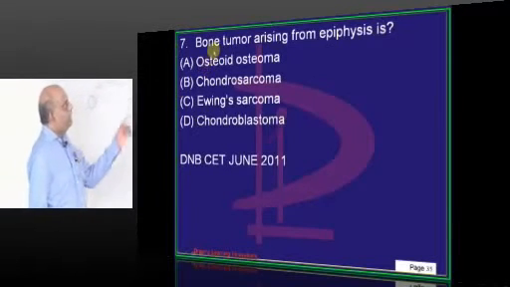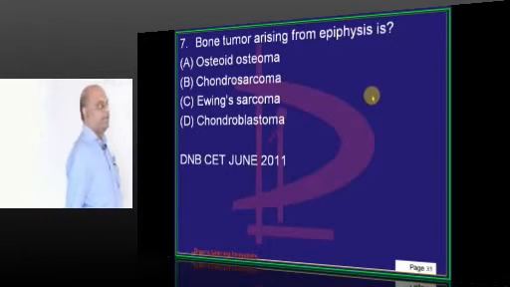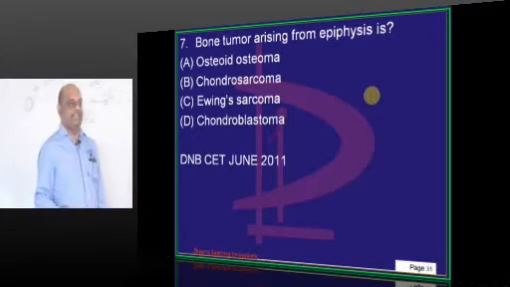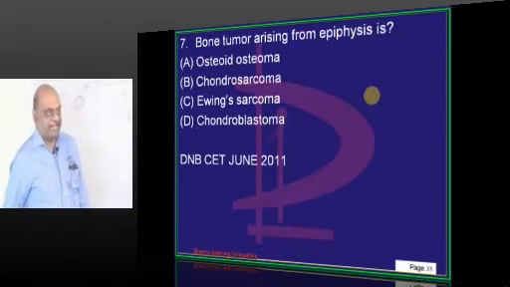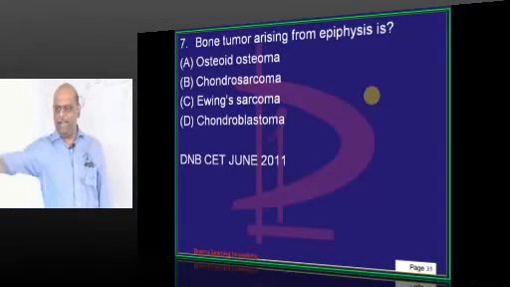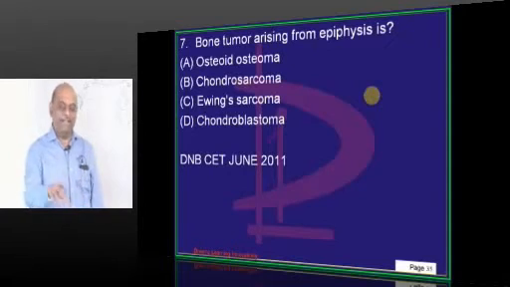Then bone tumor arising from epiphysis. Doctor, epiphyseal, diaphyseal, metaphyseal. If you are not ready with the list in your pocket, you are not a prepared aspirant for DNB. Not only for DNB, any entrance.